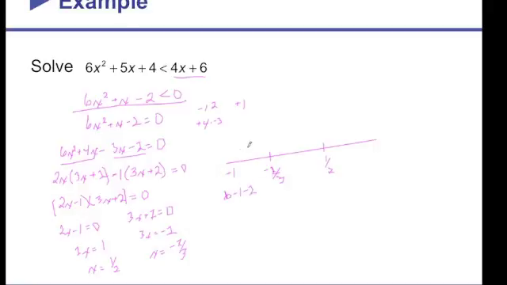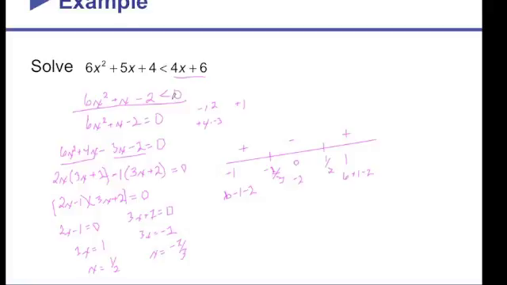Well, that's positive 3, so that's positive. Between negative 2/3 and positive 1/2 is 0. So 0 plus 0 minus 2, that's a negative. And for 1/2, bigger than that, I'm going to try 1. So I'll have 6 plus 1 minus 2, that's a positive.